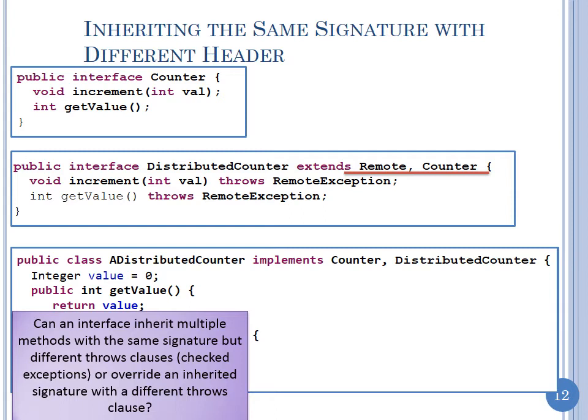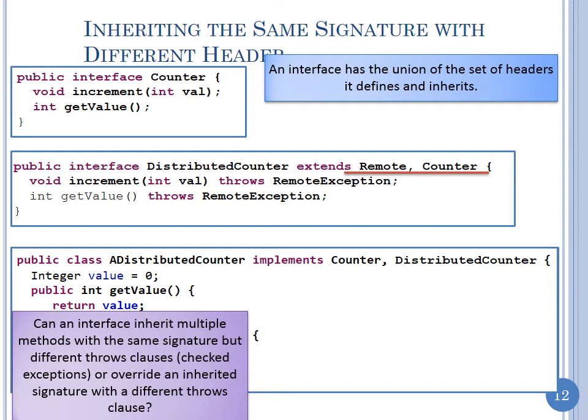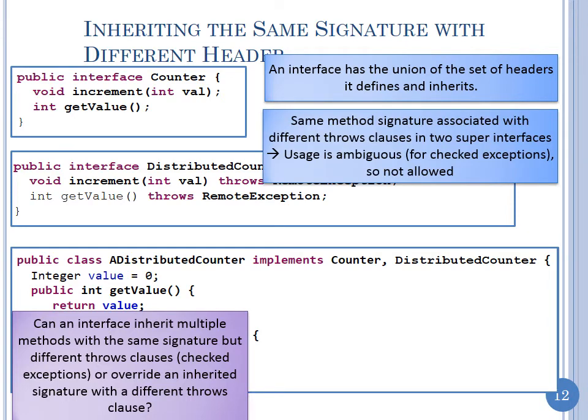Okay, and we said an interface has a union of the set of headers it defines and inherits. Okay, it's a set. And if the same signature is inherited from two different interfaces with different headers, then when that interface is used to type a variable, and invoke a method on that variable, it's not clear which throws clause should be used. There's ambiguity. Okay.